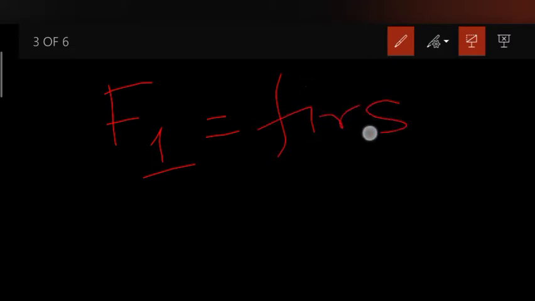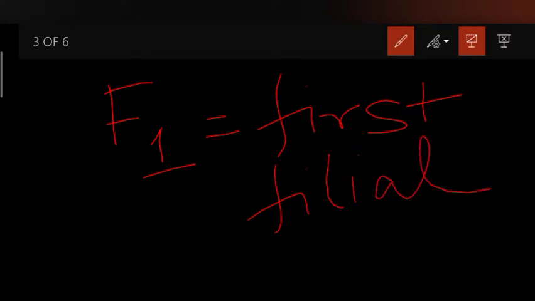So what about the F1 generation? F1 means first filial generation.